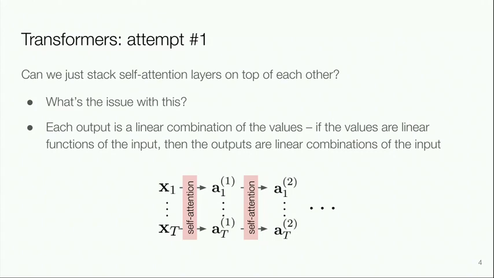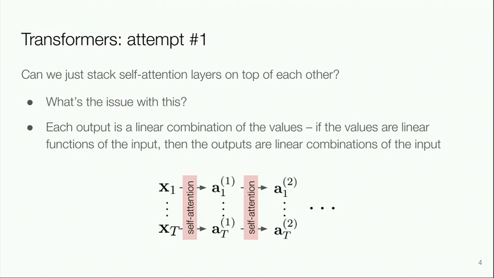Those weights are something nonlinear and kind of complex, but at the end of the day, you're not getting anything more than just some linear combination of the x's that you have. Okay? So every single A1 here, every dimension, like A11, A12, and so on, is a linear combination of x1 through xT.